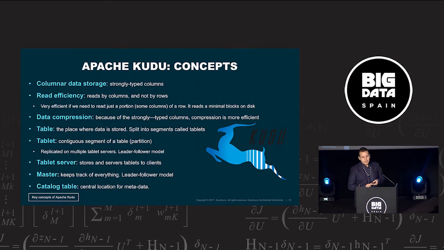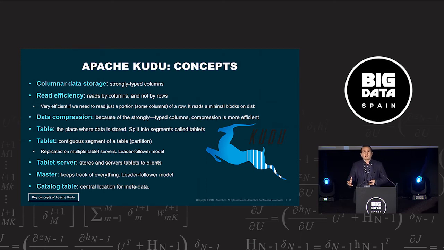And just some concepts that we need to understand in order to know how the connector works. So, columnar data storage: Kudu provides strongly typed columns, as you already know. Read efficiency in Kudu is a key concept, because in an analytical workload, you can read just a portion of a column, ignoring the other ones.